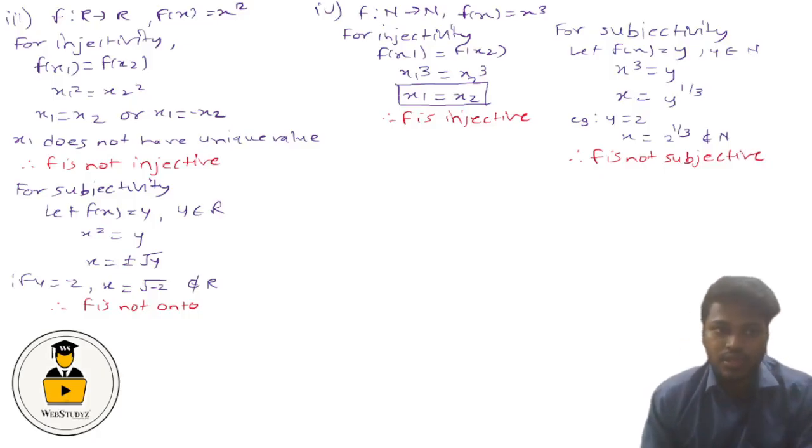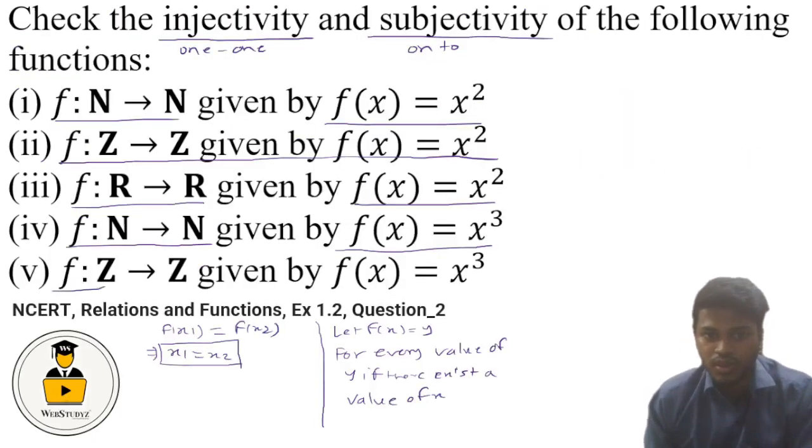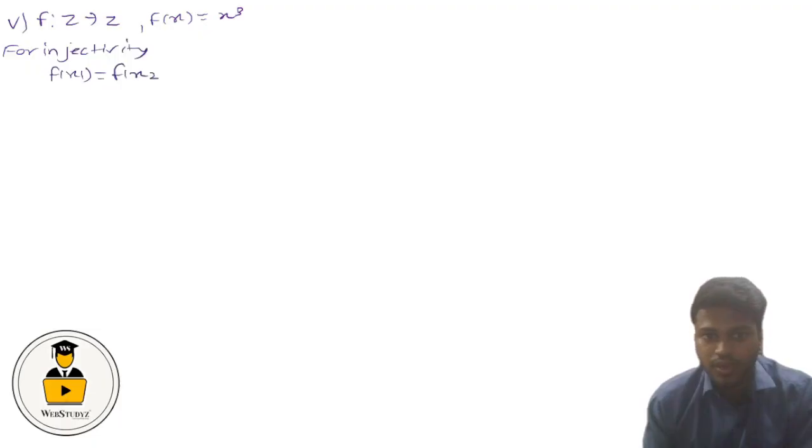And now let us check for the last question. So for f from integers to integers, f of x equals x cube. First we will check for injectivity. For injectivity, f of x1 equals f of x2.